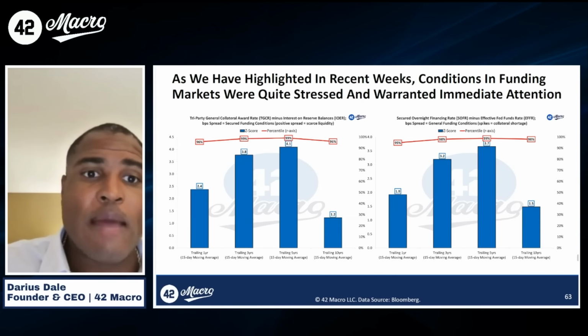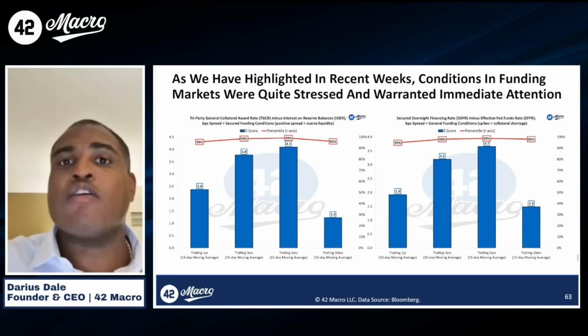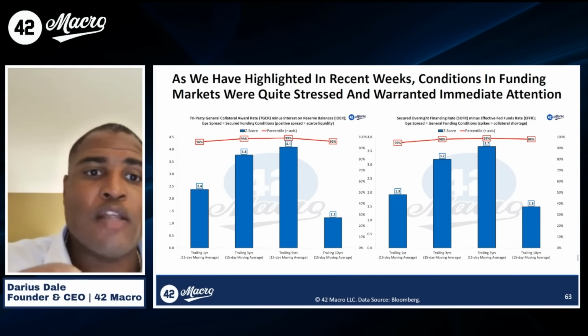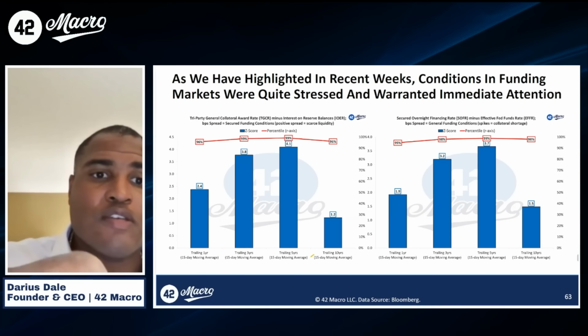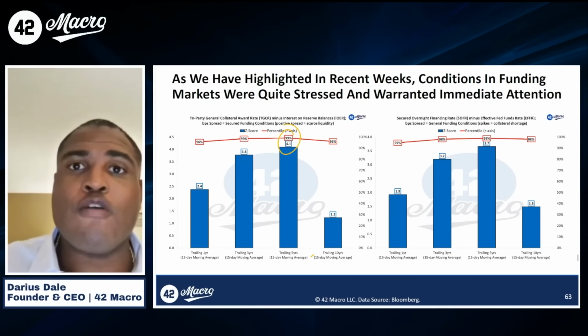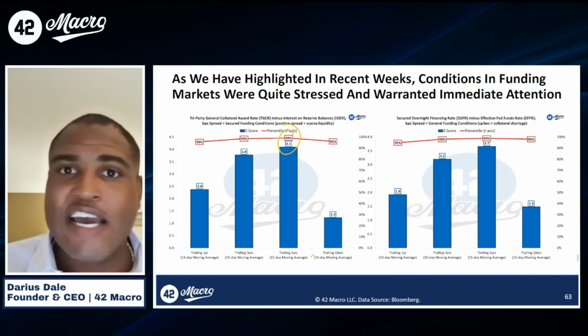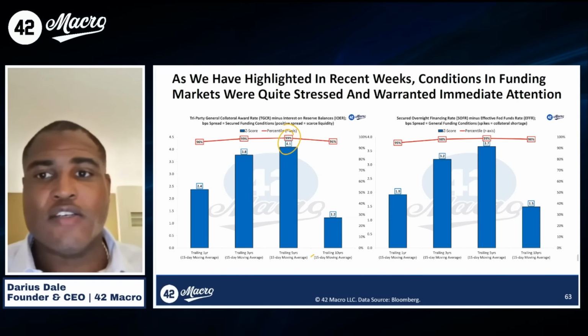And so if there's not ample reserves, then you're going to have TGCR above IORB. If you look at that statistic on a trailing 5-year basis, the most recent 3-week moving average was in the 99th percentile, and it was a 4.1 sigma relative to the trailing 5-year mean. Very tight secured funding conditions in the repo market.